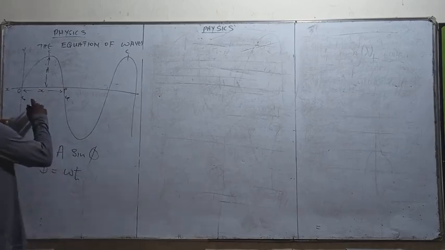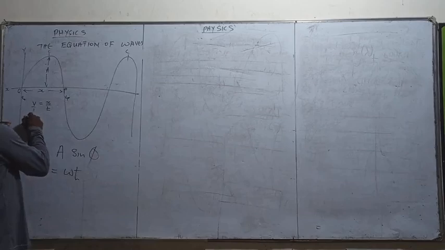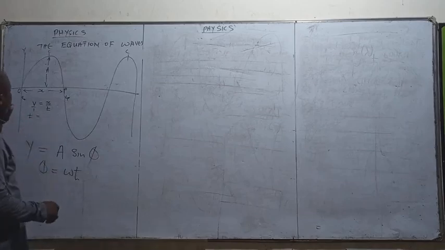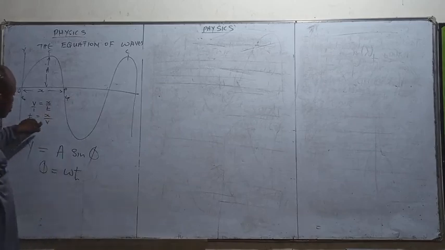So we can write here, recall, v is equal to x over t. When we make t the subject of the formula by cross multiplying, we see that t is given by x over v. I want you to note this.